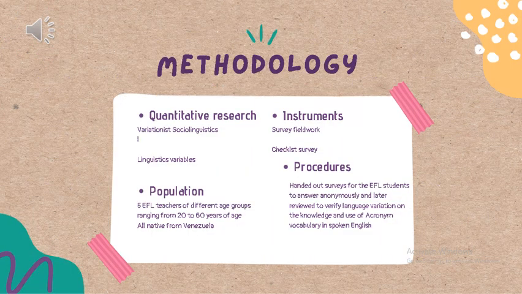The methodology that was used in the research paper that I was working on about variations of age is quantitative, and the population are 5 English as a foreign language teachers of different age groups ranging from 20 years old up until 60 years old, and they all work in the same school.